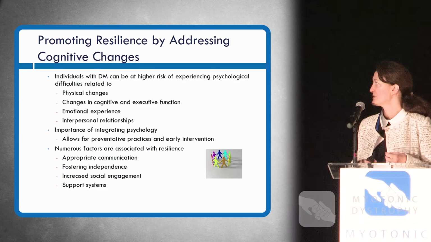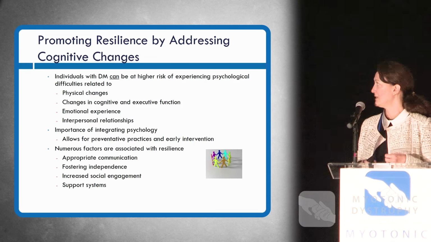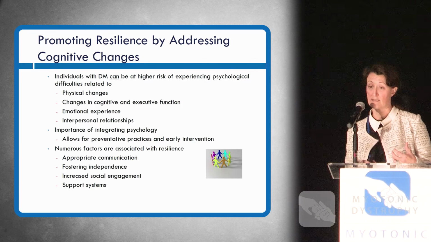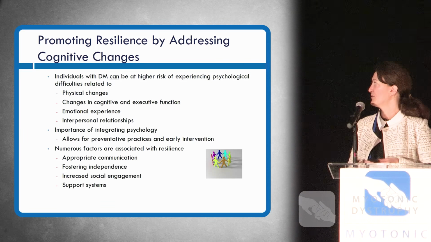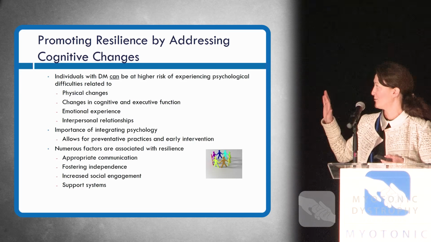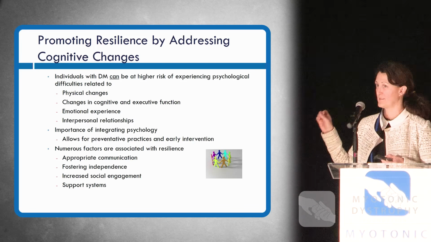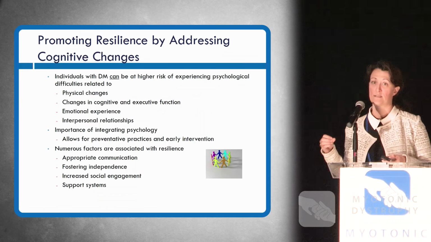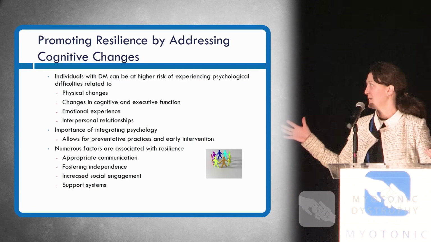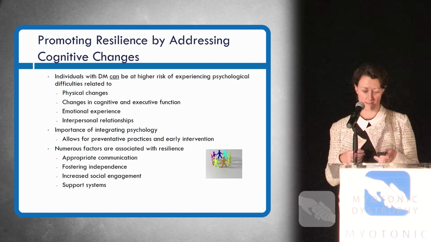So it's important to integrate psychology. It allows for preventative practices and early intervention, and there are numerous factors associated with the resilience, and to name a few that we've already talked about, but the take home is appropriate communication, fostering independence, increase your social engagement, expand your team with your support systems.